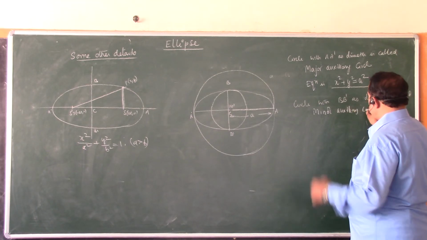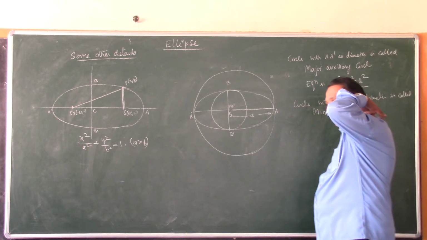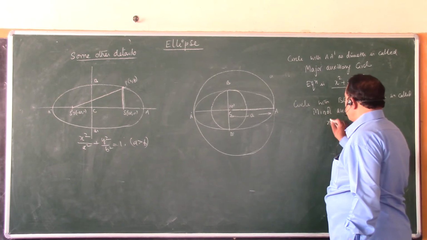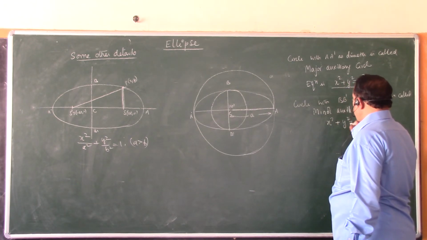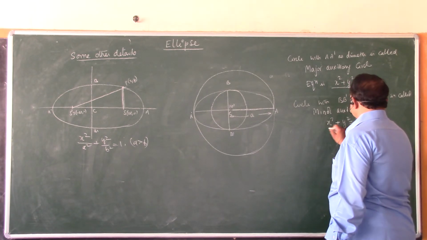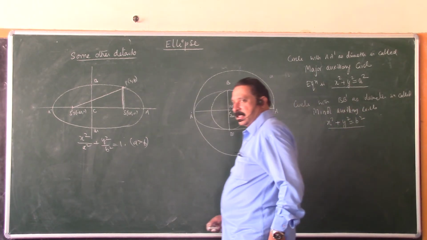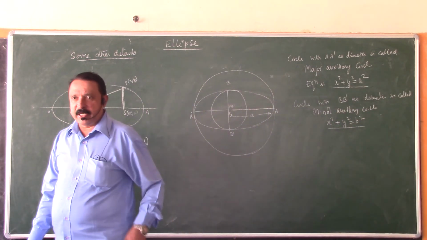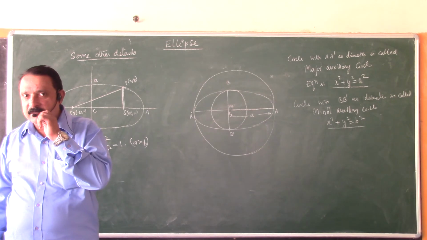Minor auxiliary circle, and its equation is x square plus y square is equal to b square.